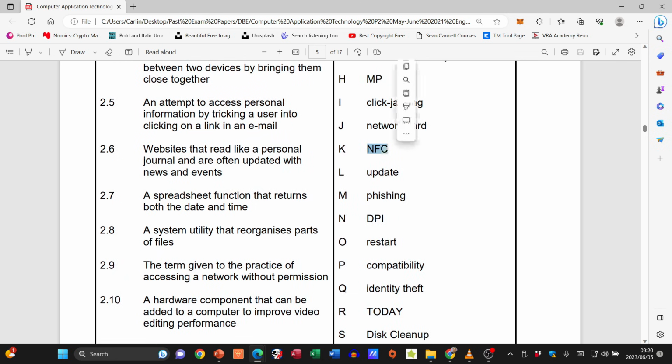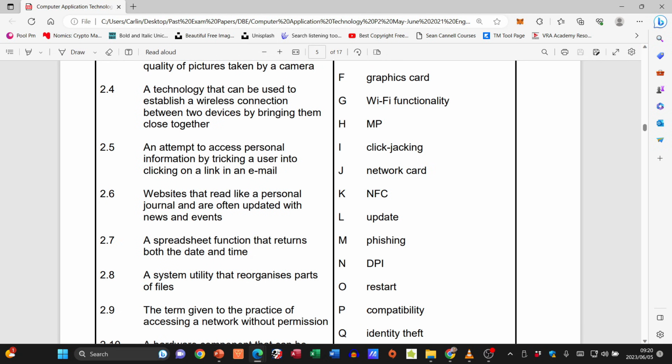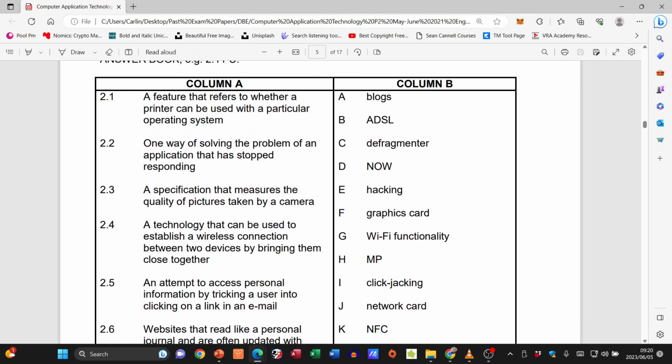NFC, near field communication. Here's one. Compatibility. Remember, what are they saying? A feature that refers to whether a printer can be used with a particular operating system. If it can't work with that operating system, it means that it's not compatible. Okay? So 2.1 is P, compatibility.